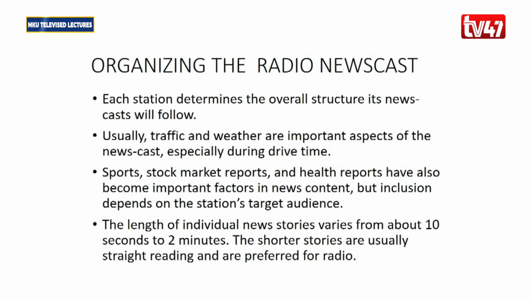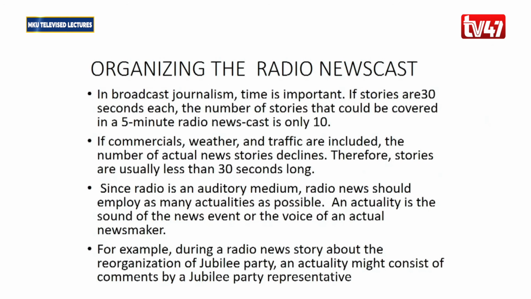So what does that tell you? That the radio news items should be short. That's why we are saying most of them should average around 30 seconds, so that you can do a number of news items.